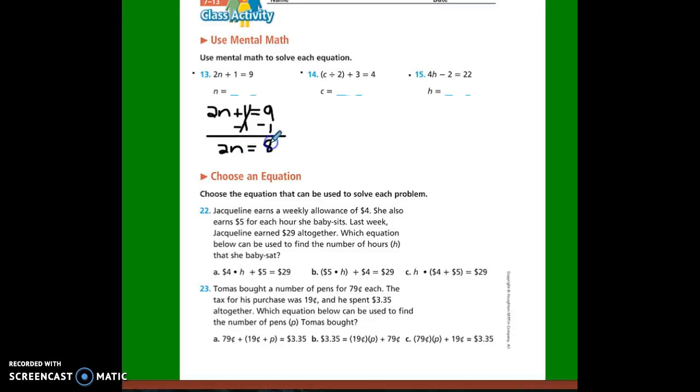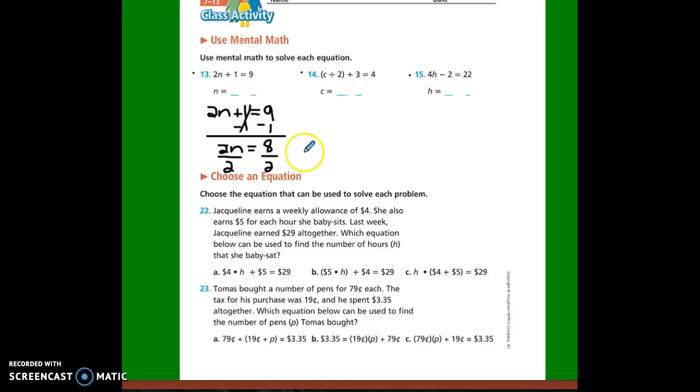And now I still want to get that n by itself. So I'm looking at this 2n, and if you think back, what does a number next to a letter mean? It actually means we're multiplying these two numbers, 2 times n. So I'm going to do the opposite of multiply to get n by itself, which is divide. And again, this is the tricky way of writing divide. It's like writing a fraction, but I'm going to say 2n divided by 2 and 8 divided by 2.